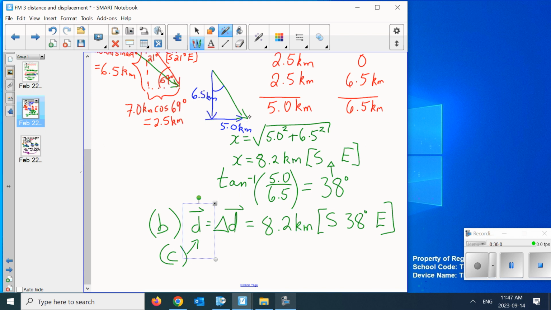It's not always the same. If for some reason we said this 0 is some point that was north of that, we'd have to do a whole new set of calculations. The position would be this distance, the black line there.